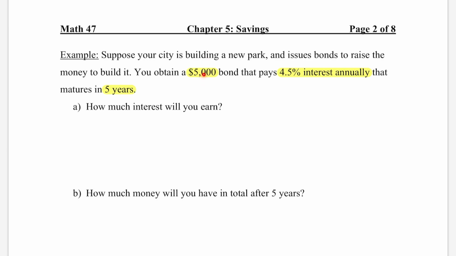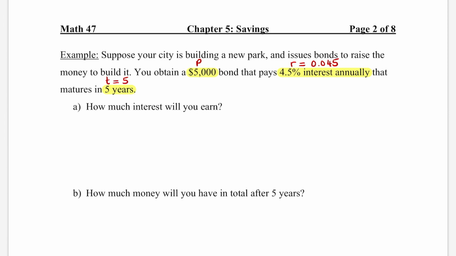My principal is $5,000. My annual interest rate is 4.5% and my time is 5 years. So P is $5,000. Rate is 4.5%, but I want this rate in decimal, so I take 4.5 divided by 100. I get 0.045, and my time is 5.